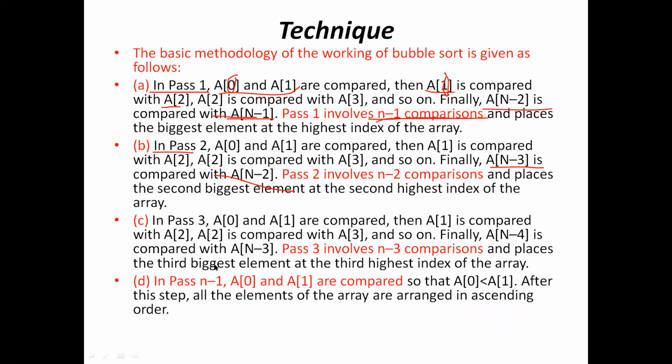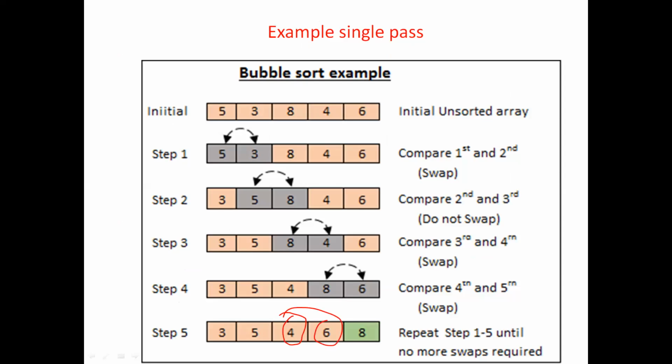So at pass n minus 1, how is it compared? Again A0 and A1 are compared. At last, in pass n minus 1, only these two elements have to be checked, in the last pass, because the right side is in sorted order.